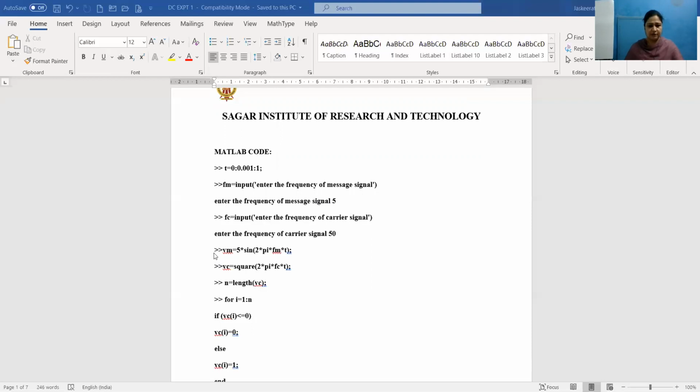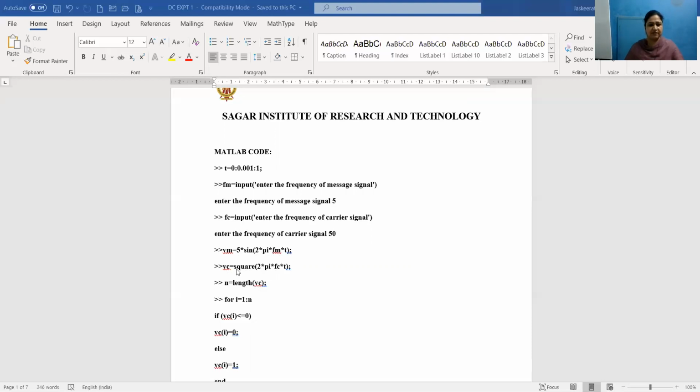Now, for defining message and carrier signal, I'll define its expression. Message signal is given by a sinusoid of frequency fm and amplitude 5. So Vm is given by 5 into sine 2 into pi into fm into t. Similarly, carrier signal is given by the square wave of frequency fc.